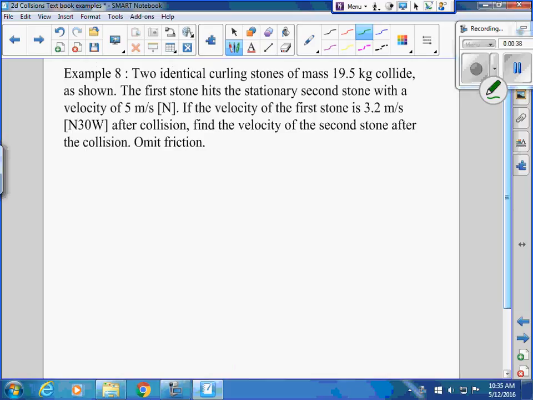Okay, so we've got one, I'll call it rock 1, and rock 2. Rock 2 is slightly offset like this, right? So it hits like this. It doesn't say that, but it says that the velocity of the first stone is 3.2 north 30 west after collision.